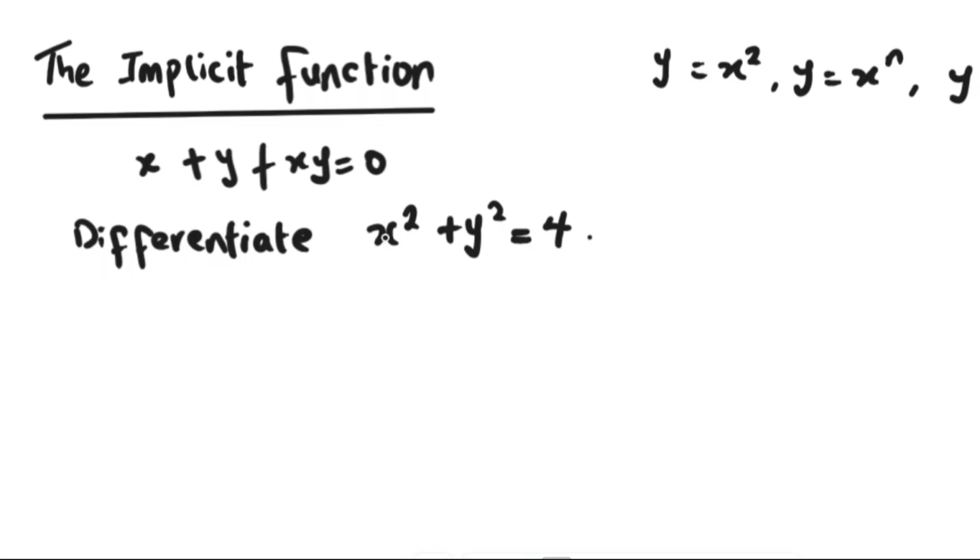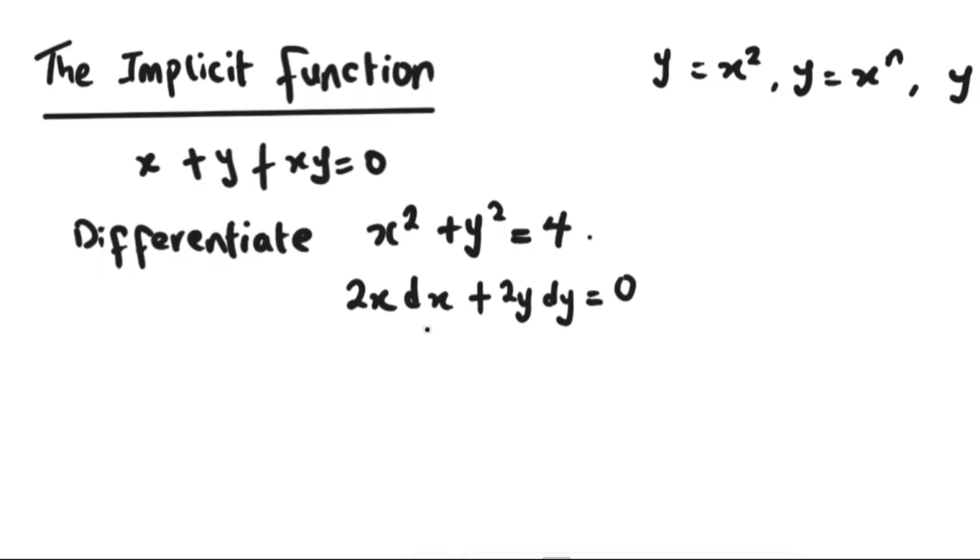If we differentiate x raised to power 2, you get 2x, with respect to x this will be dx. Plus, if we differentiate y raised to power 2, you get 2y, with respect to y this will be dy. This is equivalent to, if we differentiate 4, a constant, you get 0.